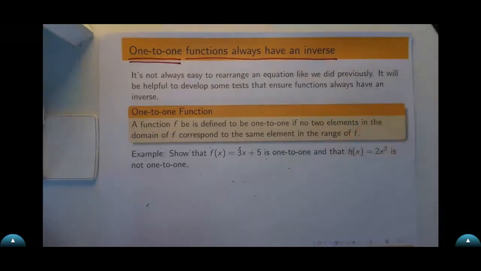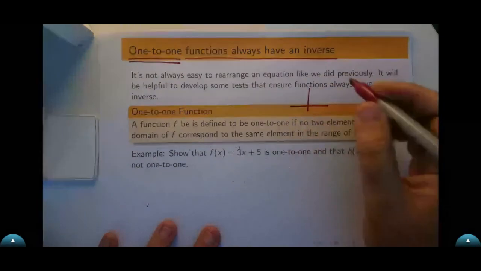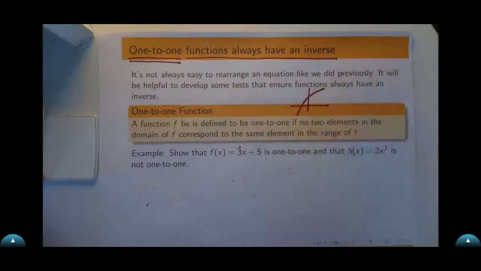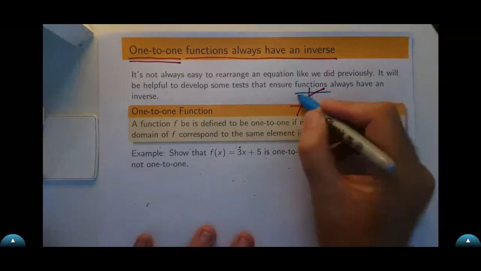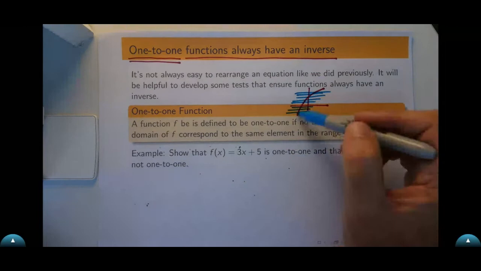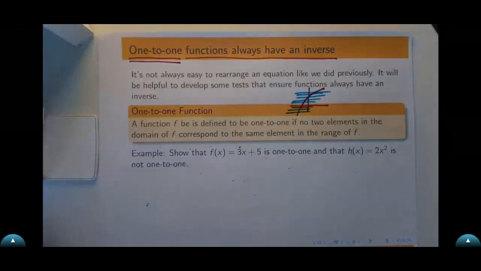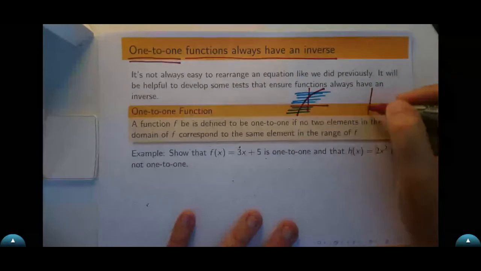You might have forgotten, but that's okay. One-to-one functions might look something like this, right? And we're going to talk about a horizontal line test where the horizontal line cuts the curve at most once. That would be an indication of a one-to-one function.